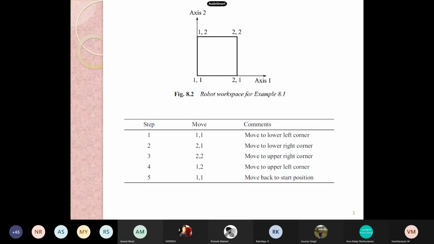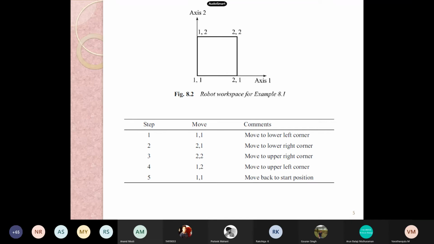And one more example was also covered when we leave out point 2 2. The robot arm will start the motion from 1 1, then 2 1, then it reaches 2 2, and then 1 2 and 1 1. We are aware that the movement is happening in one part in particular, in only one direction.